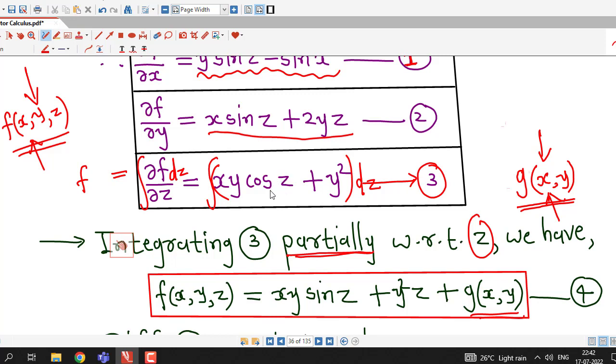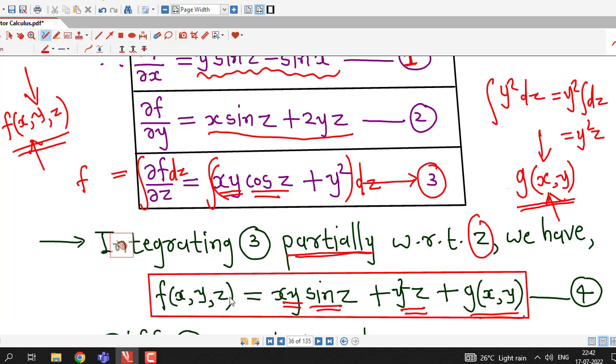Here integral is with respect to z, so x into y is constant, and integral of cos z with respect to z is sin z. Similarly, integral of y square with respect to z. Because integral is with respect to z, y square is constant, and integral dz is z, so y square into z. So that we have written here.